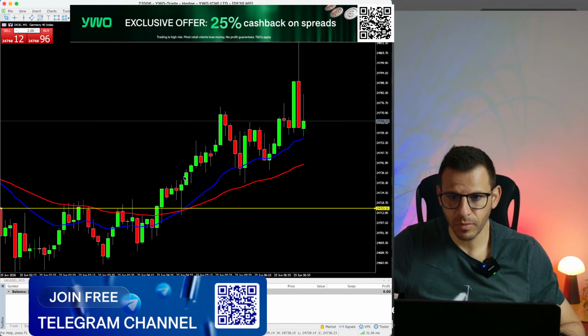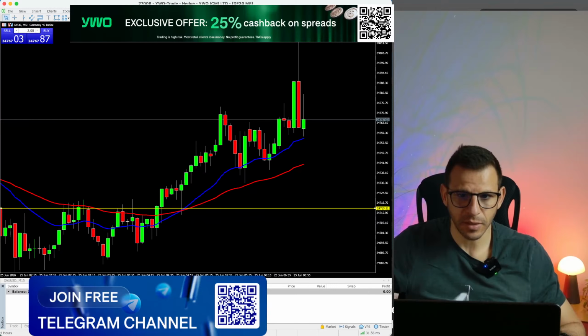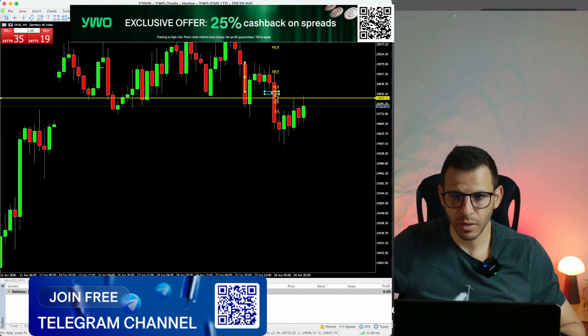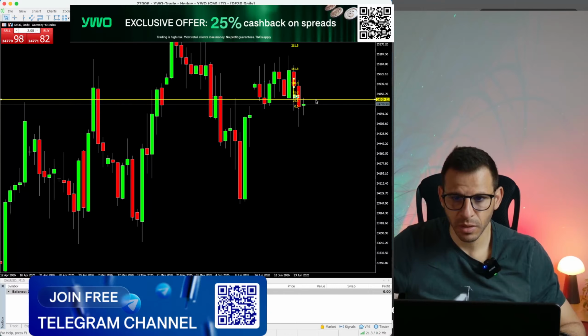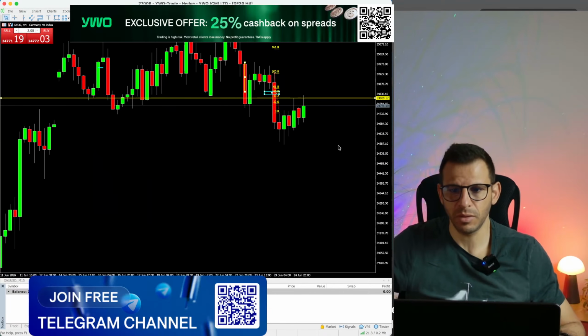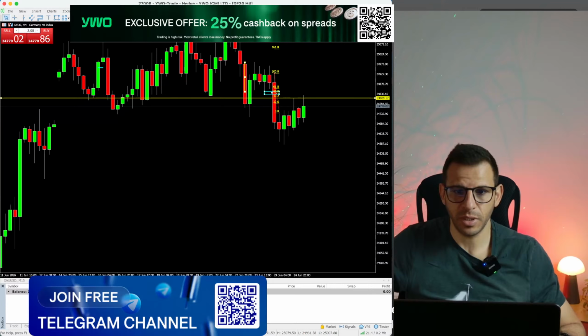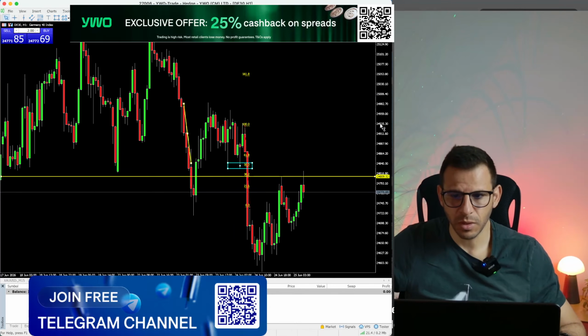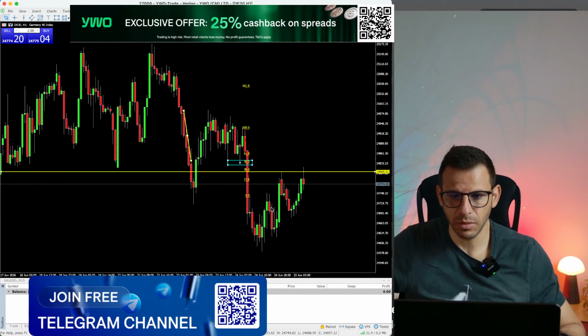DAX has a nice 5-minute trend. From the daily we reached this level here. No, that's the 4 hour, sorry. On the daily we are in the middle of the previous day's candle, so the 4 hour high is there. Clearly downtrend here on the hourly. What is going on? Lower lows.